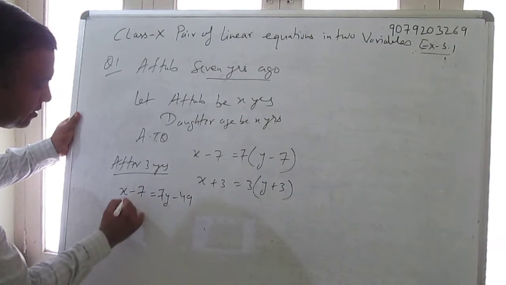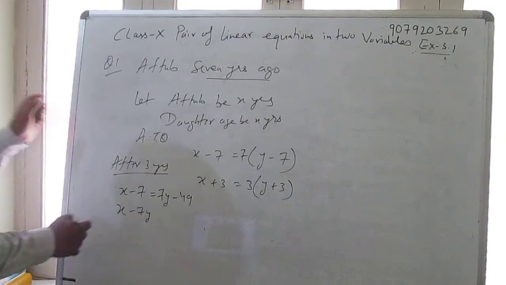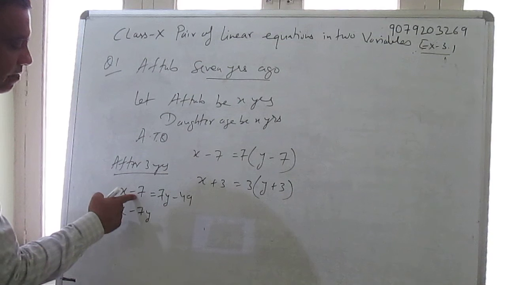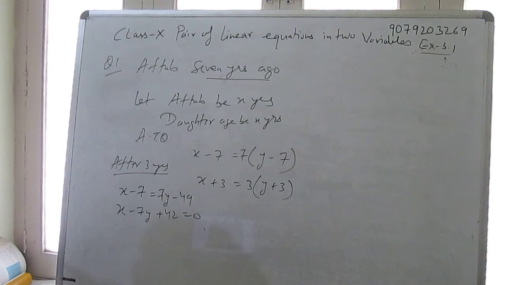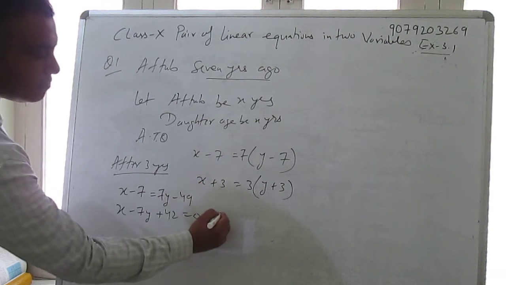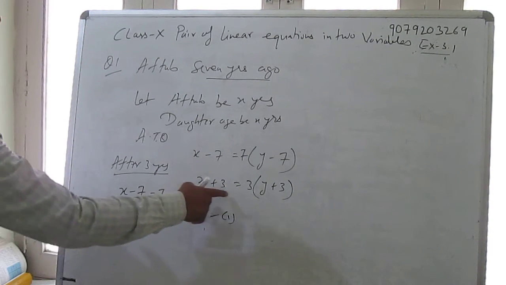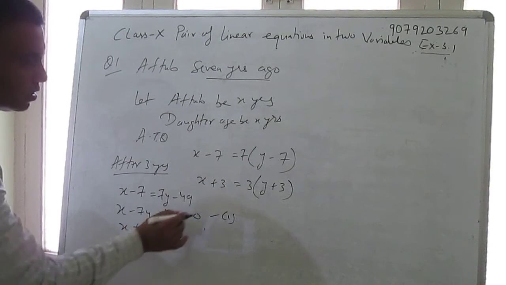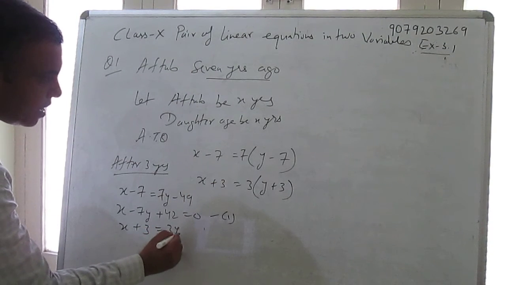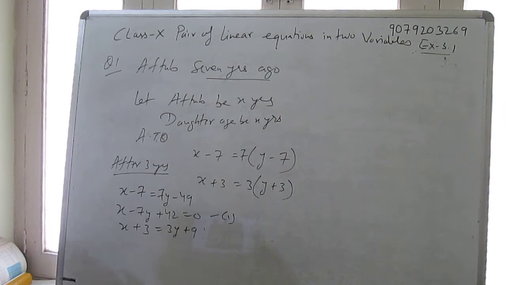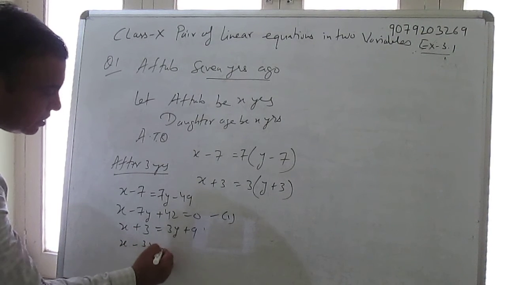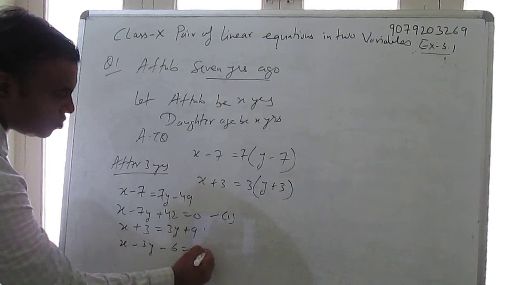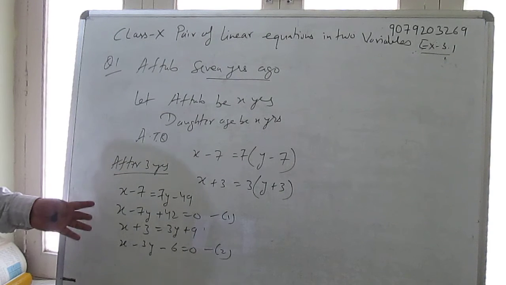So x minus, turn y this side, x minus 7y, and 49 is plus, minus 7, it becomes plus 42 is equal to 0. Now the second equation: x plus 3 is equal to 3y plus 9. 9 turn this side and y turn this side, you will get x minus 3y minus 6 is equal to 0. This is the second equation.